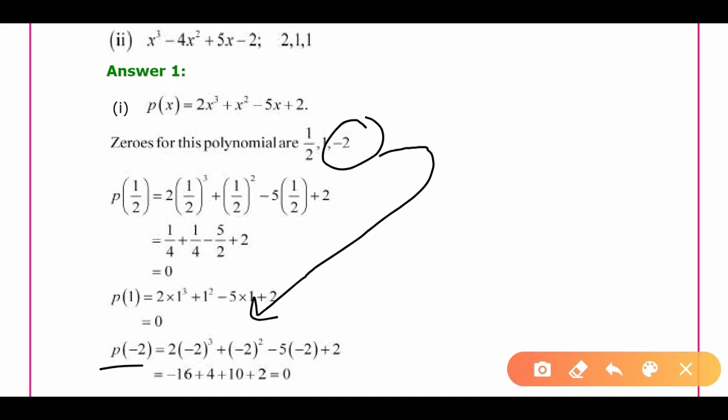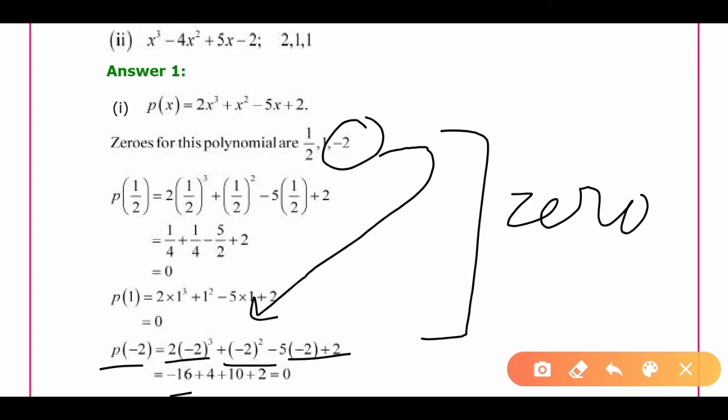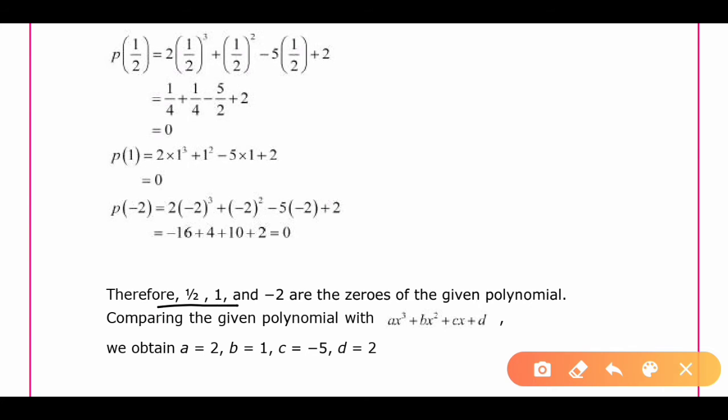So replacing the minus 2 in this equation, we will get 2 into minus 2's whole cube plus minus 2's square minus 5 into minus 2 plus 2, or we can say minus 16 plus 4 plus 10 plus 2, that is equal to 0. That means all of these are the zeros of this polynomial. Therefore 1 by 2, 1 and minus 2 are the zeros of the given polynomial.